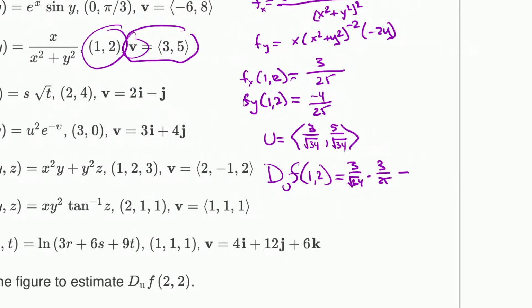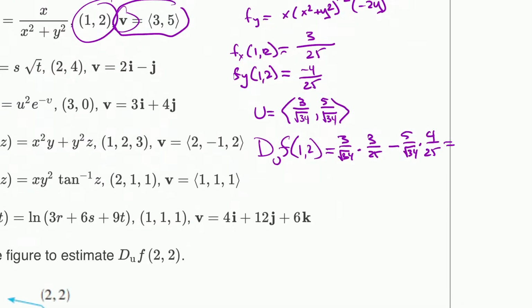I guess it's minus 5 over radical 34 times 4 over 25. Ooh, this is fun. 9, 20, that's negative 11 over 25 radical 34. How's that? Did I get it right? Probably I definitely get it wrong. Okay, but now we got it right.